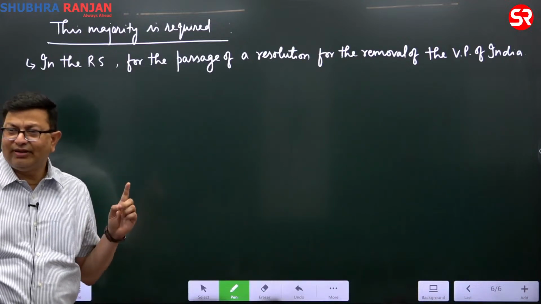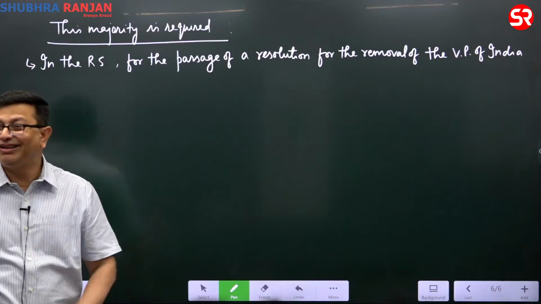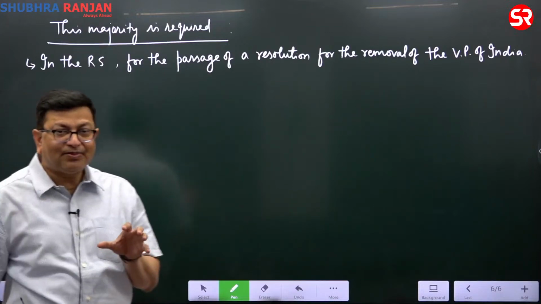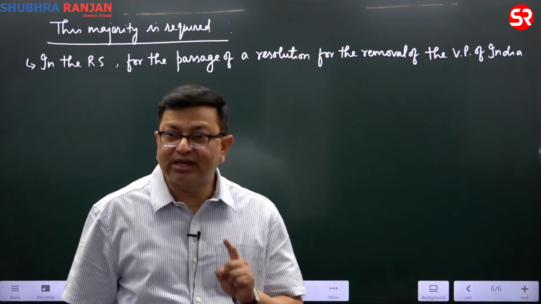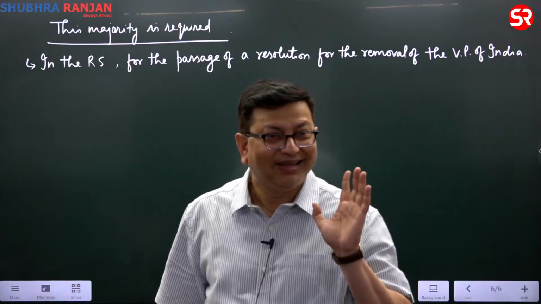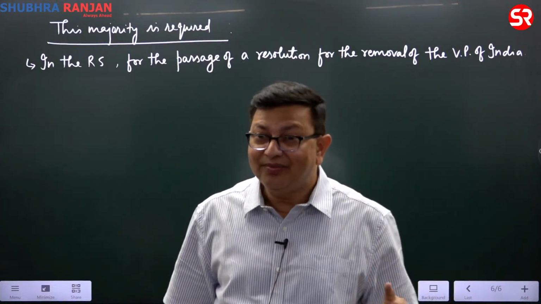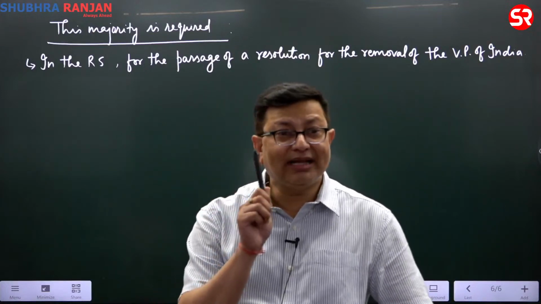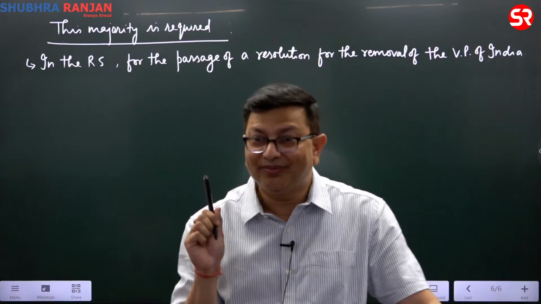So here you see, we have not written the Parliament, we have written Rajya Sabha. If the Vice President of India is to be removed, then the resolution is to be introduced only in the Rajya Sabha. It cannot be introduced in the Lok Sabha. And the Rajya Sabha has to pass the resolution by an effective majority.